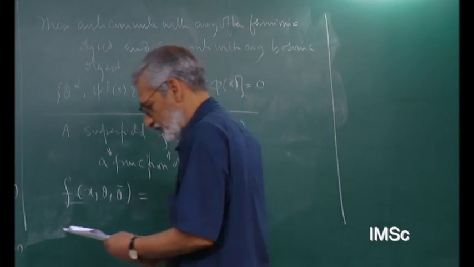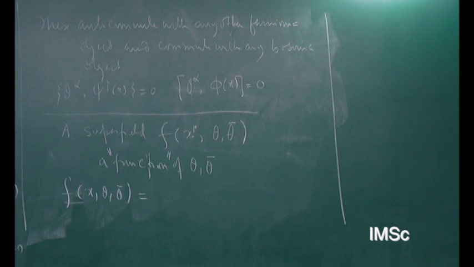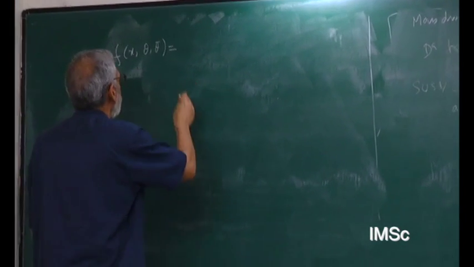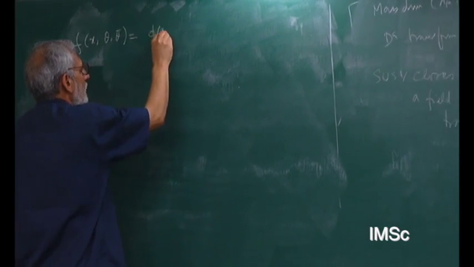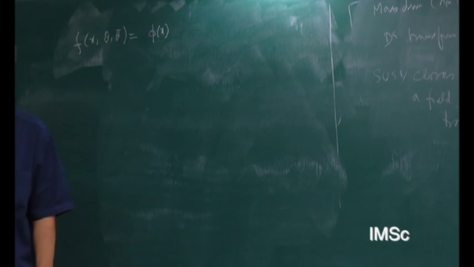Or should I write it? Well, I have to write it longhand, so I need more space. So F of x, theta and theta bar: something which is just an ordinary function, call it phi of x.